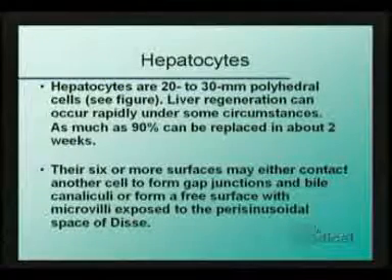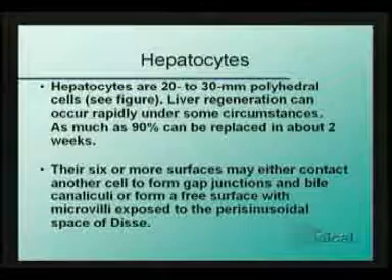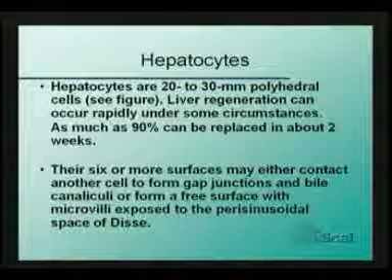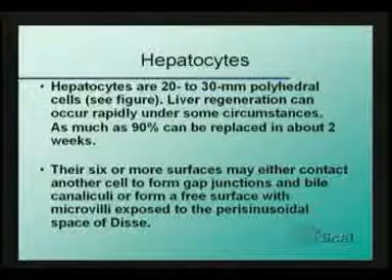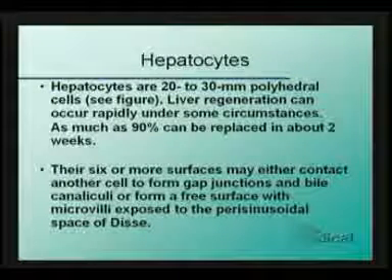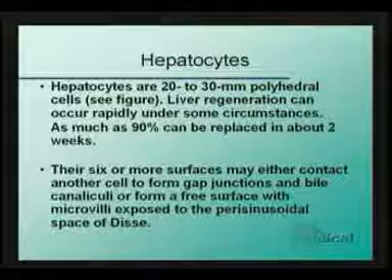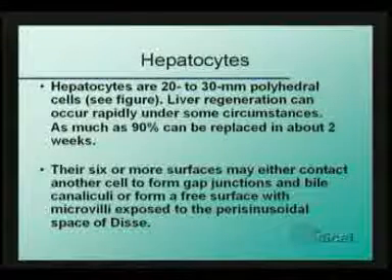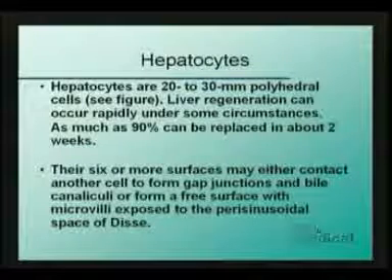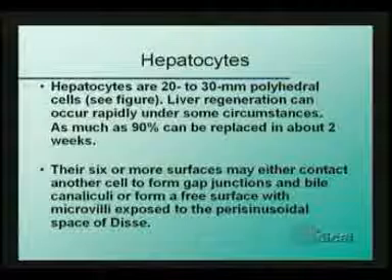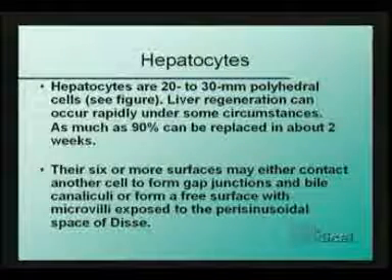So, liver hepatocytes basically are the major functional cell type that is associated with the liver. These are highly regenerative cells. About 90% of them can be replaced in a very short period of time, basically as little as 2 weeks. These are linked together by a prominent series of gap junctions and basically separated in part by the bile canaliculi, that is the site where the exocrine product, bile, is being produced.